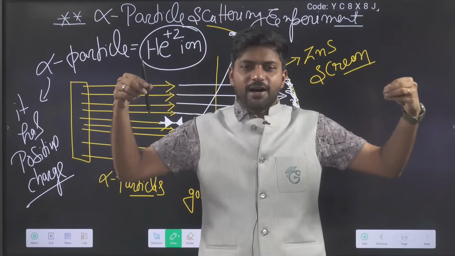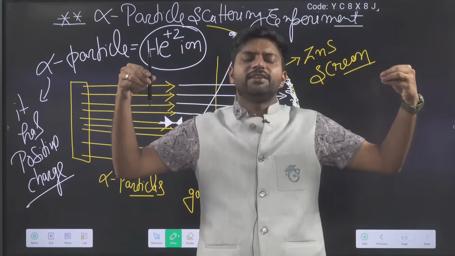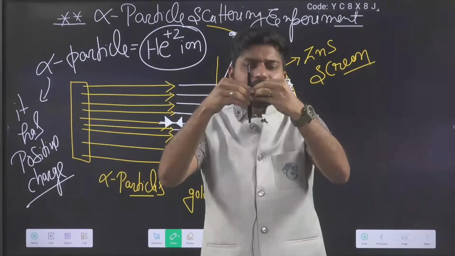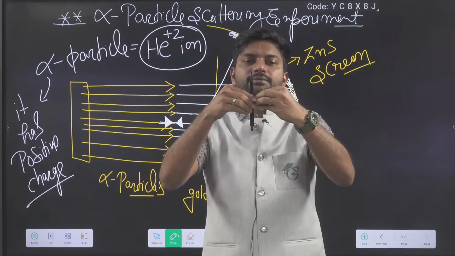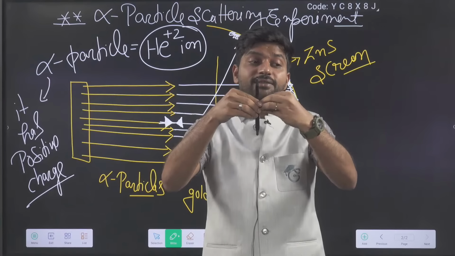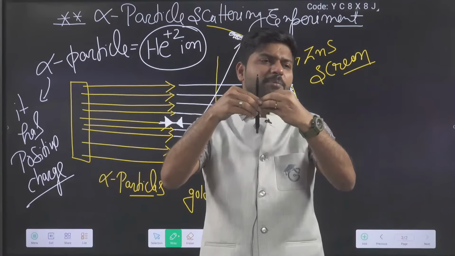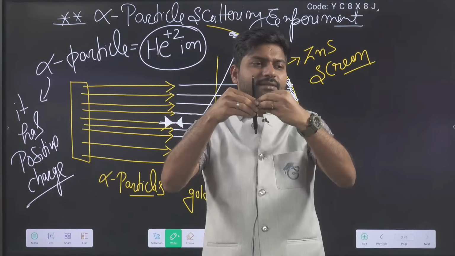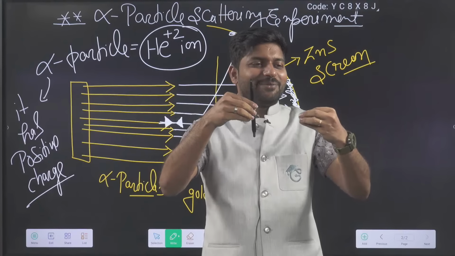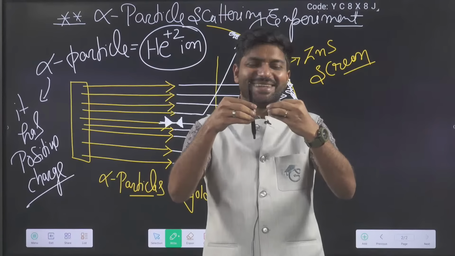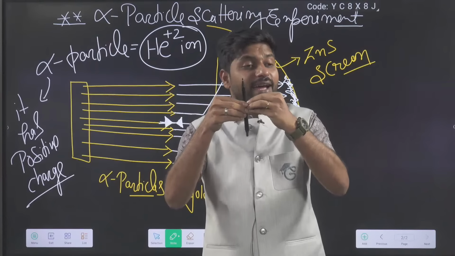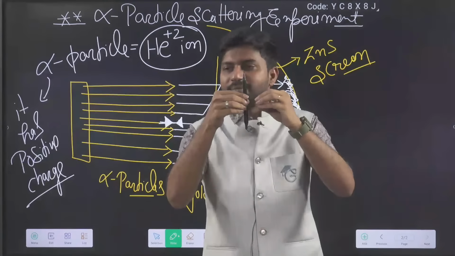They come toward each other with whatever speed they can achieve, and they hit. What will happen? Tata bye bye. The rat will come, hit, and rat RIP.